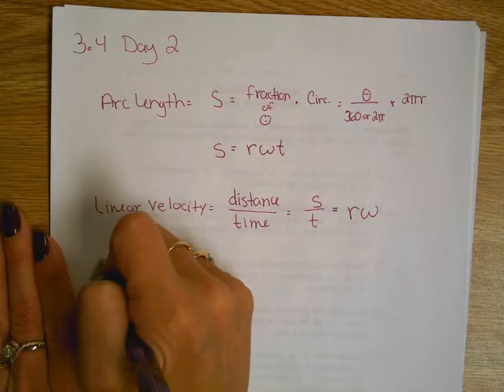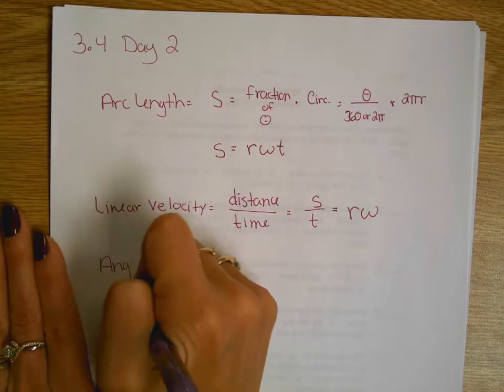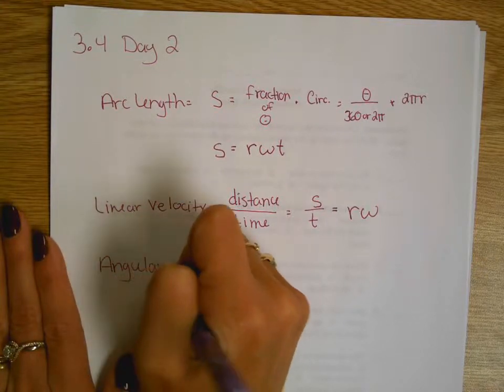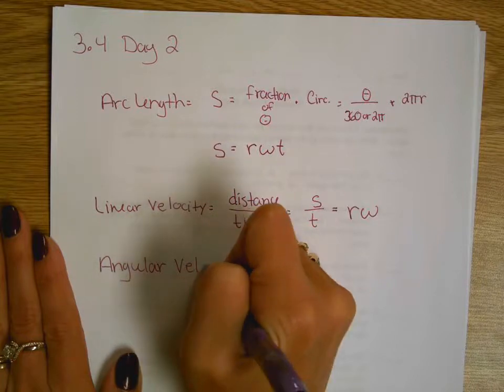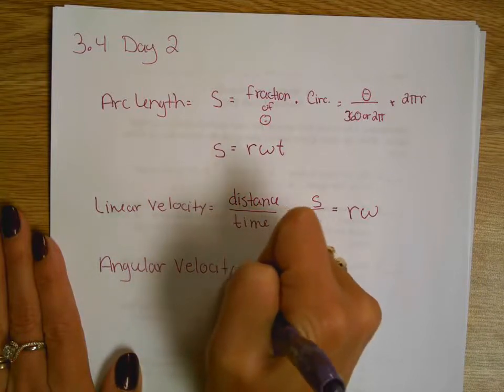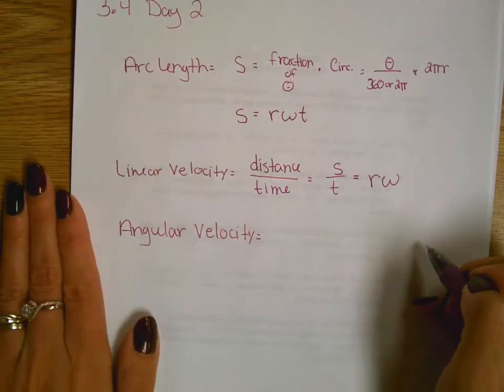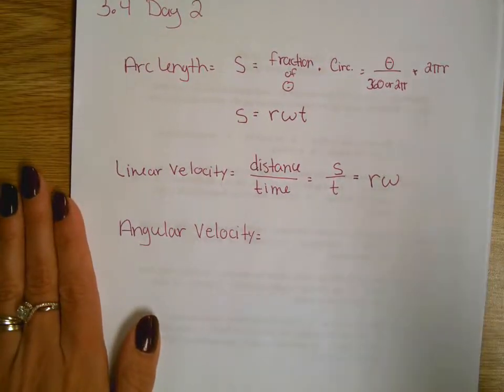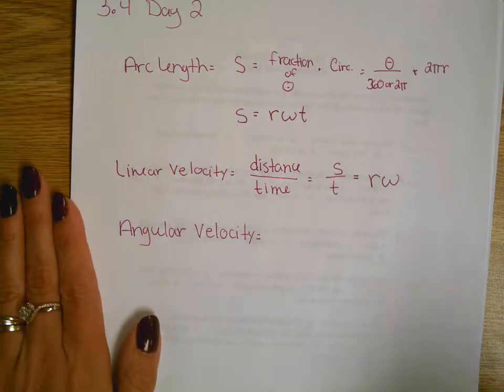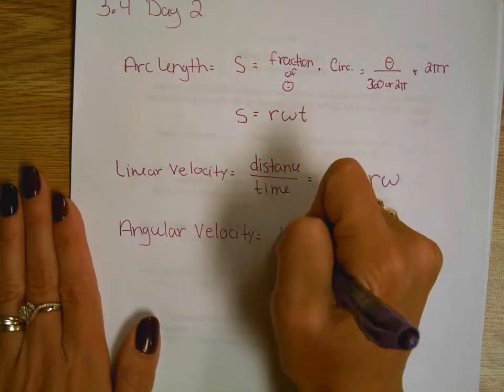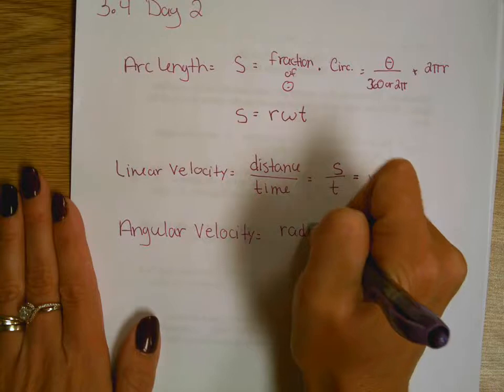And then we had angular velocity. We talked about angular velocity could have been degrees per second or degrees per minute, but they don't do anything with degrees with angular velocity. It's always considered radians over time.